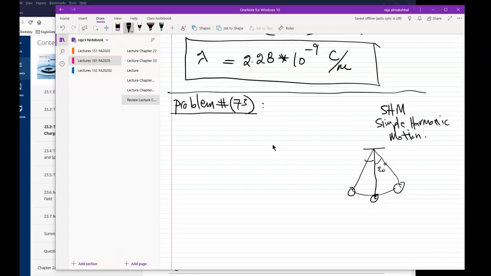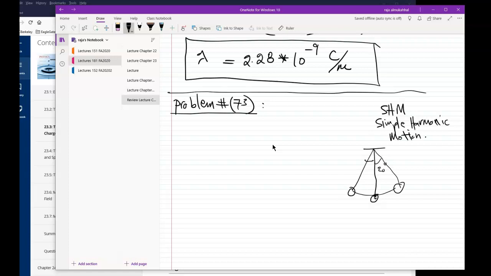Remember, the word simple harmonic or harmonic motion means vibratory motion, oscillatory motion. That's the meaning of it, just a fancy term for that. The word simple, I'll tell you what that means in a second. Simple harmonic motion means that the oscillation is so tiny you could hardly see it.